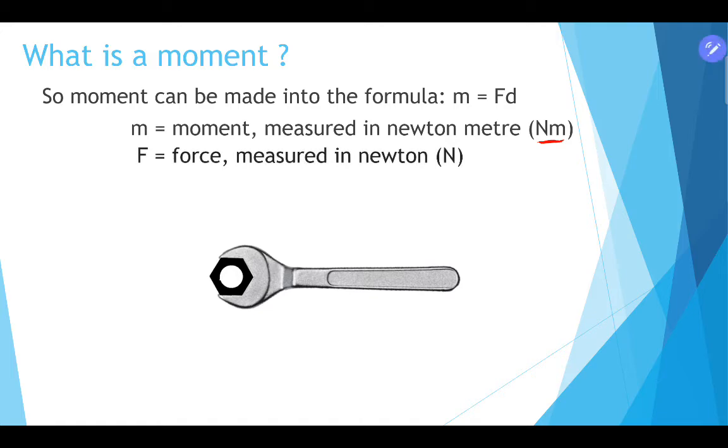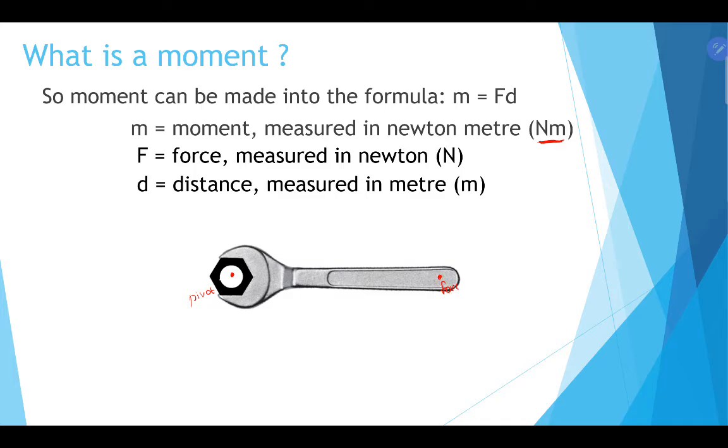Next is the force. F is force, measured in Newton, and d is the distance, measured in meter. Remember, this distance is the distance between the pivot and the force, and it needs to be a perpendicular distance.